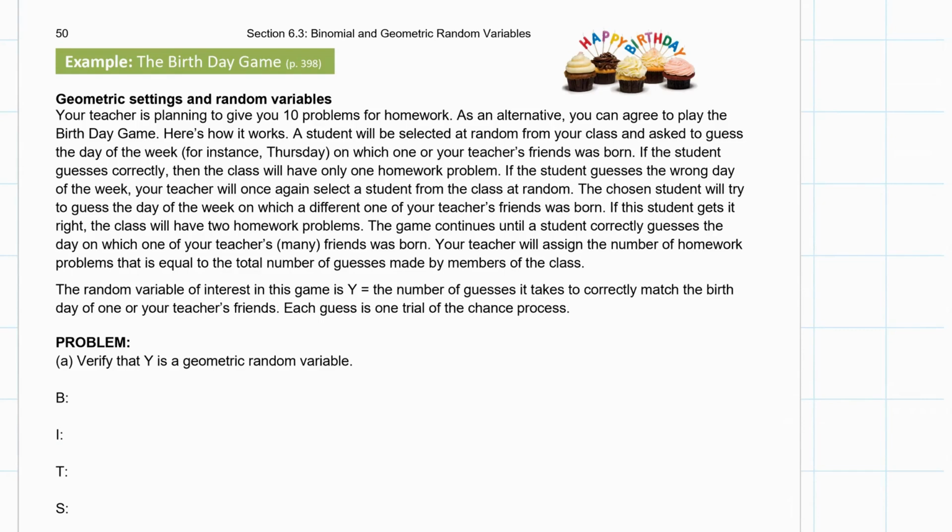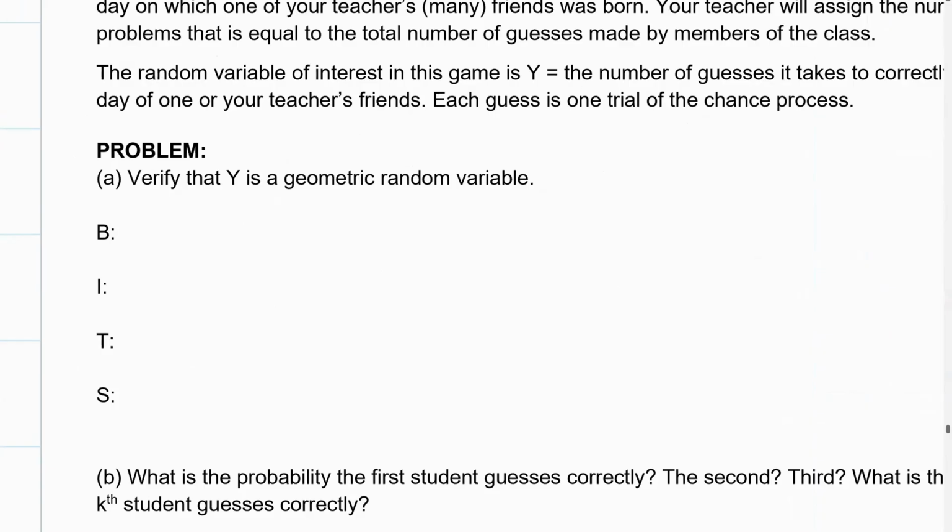Let's verify that y is a geometric random variable. First of all, is it binary? Does every trial end in success or failure? Yes, success would be guessing the day right, or failure, guessing the day wrong, and therefore, yes, it meets that criteria. Is every try independent?